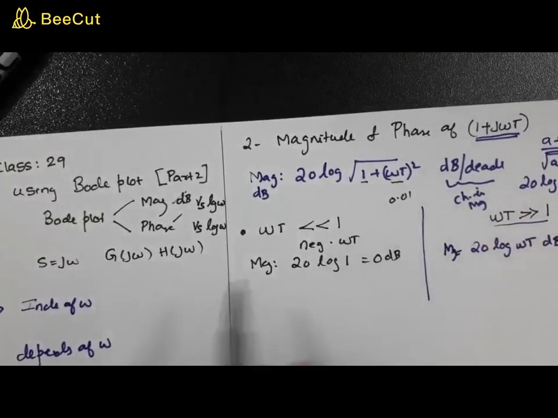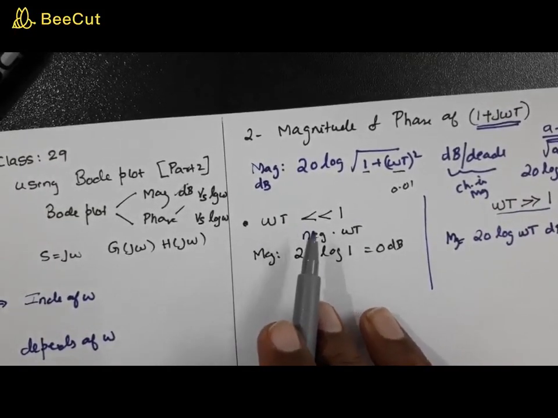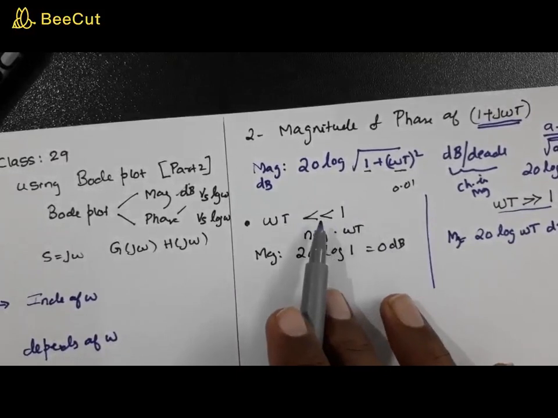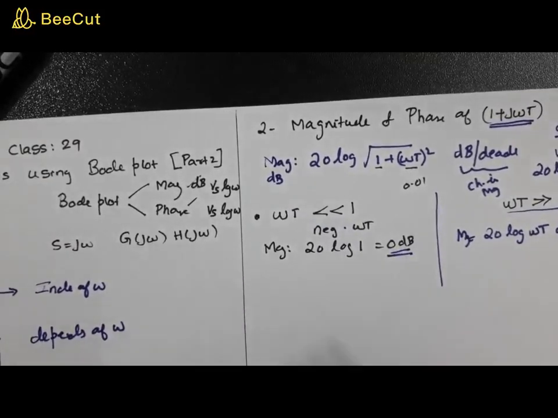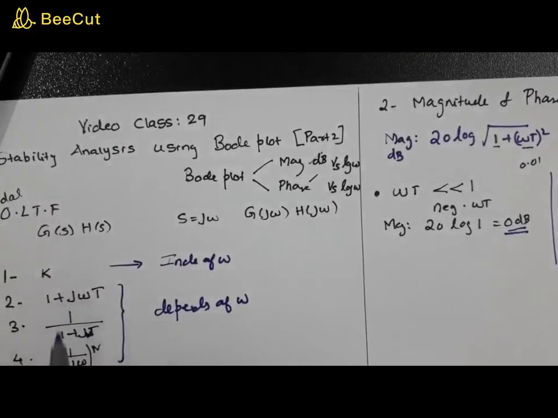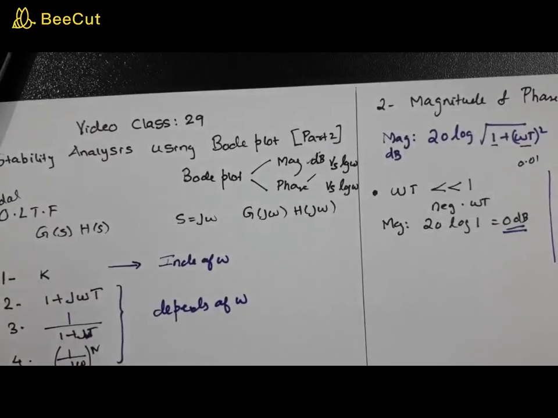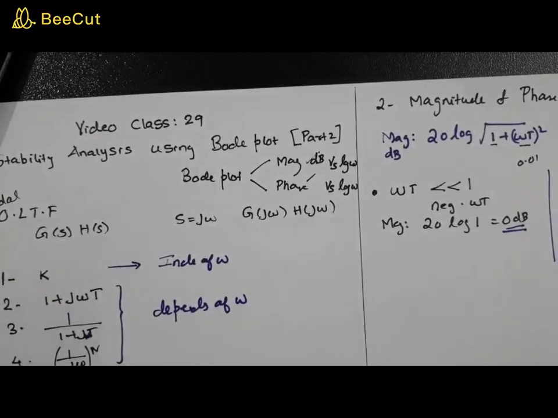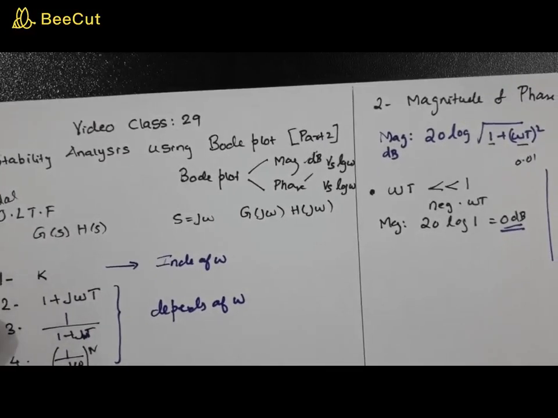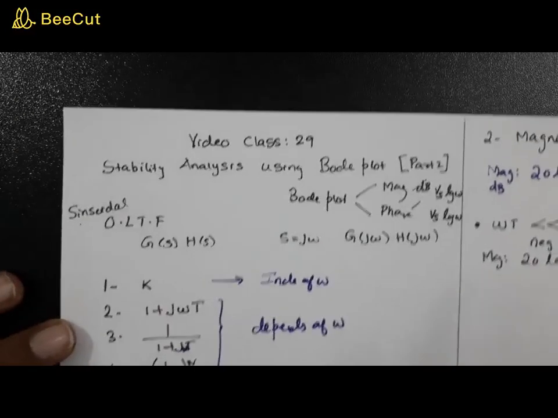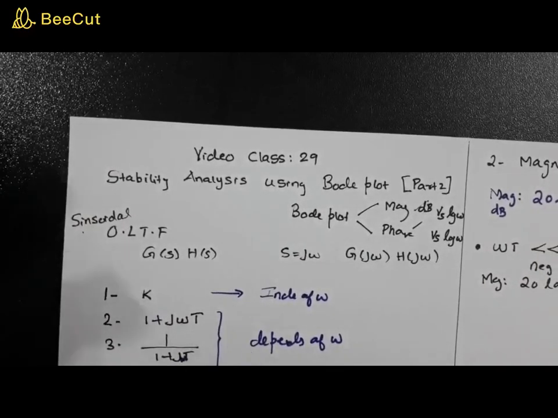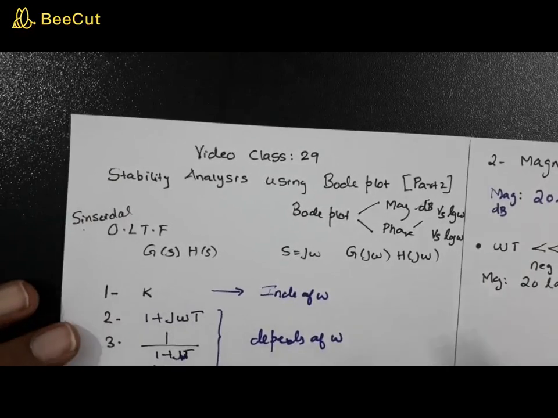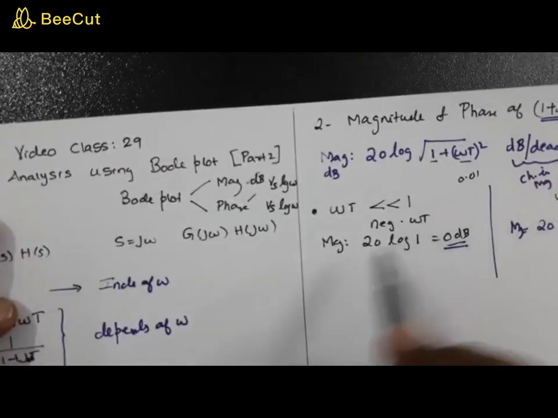So we have seen two conditions. Where omega t is much less than 1, the magnitude is 0 dB. That means the magnitude this term contributes to the transfer function is 0 dB. In other words, for some range of lower frequencies, it is as if you don't have a term like 1 plus j omega t, because it is not giving any change in the magnitude.